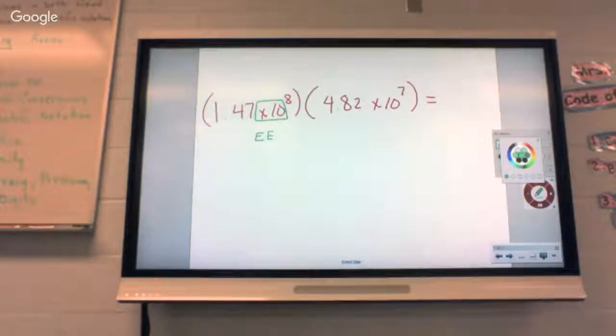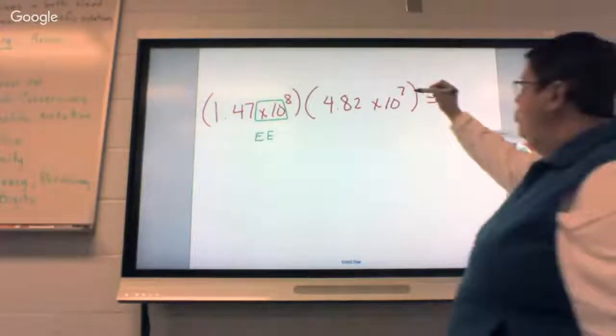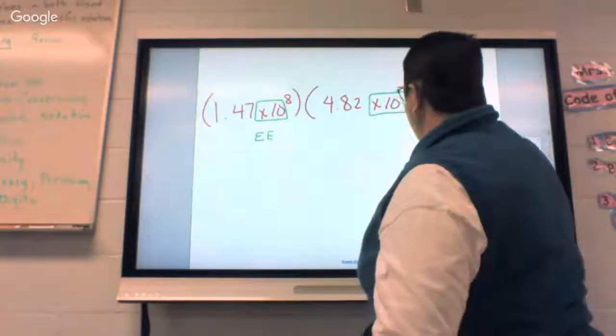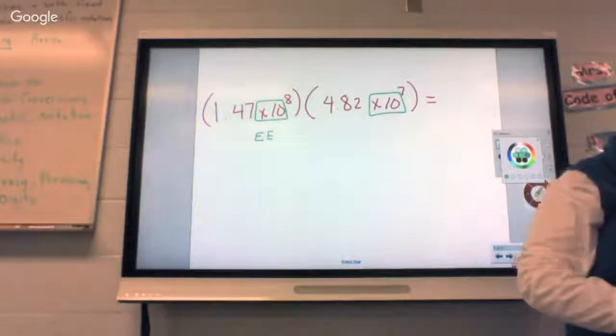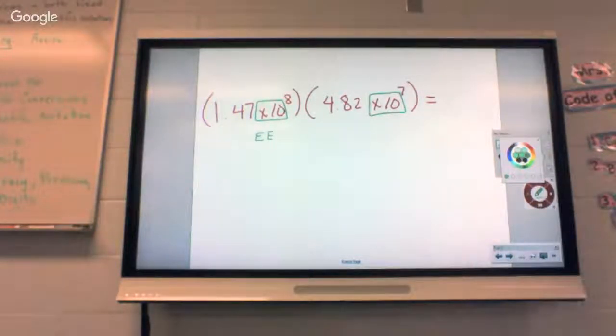So you put in the 8. Now you hit times. And then you say 4.82. And then you have a times 10 again. So what do you do for this times 10? You say second and EE. And then it's asking for the exponent, and you say 7, and then you hit equal.